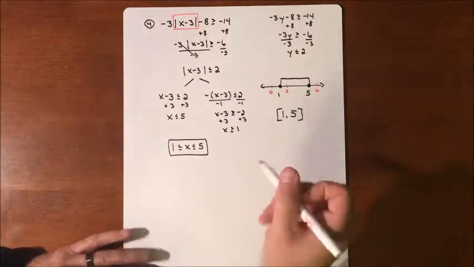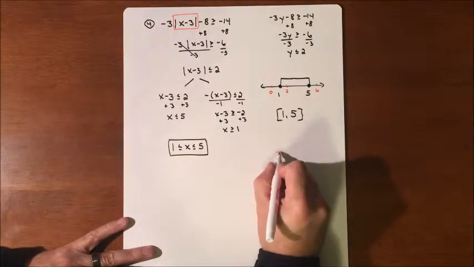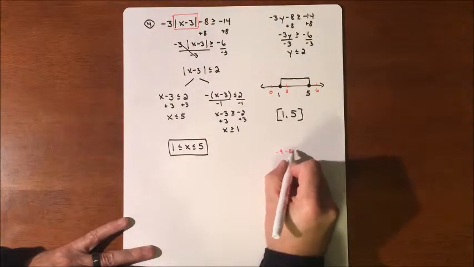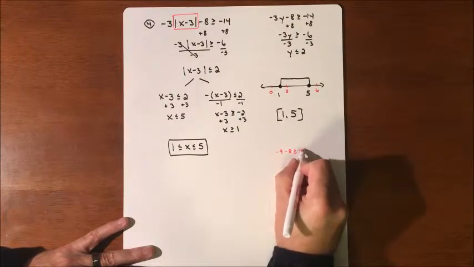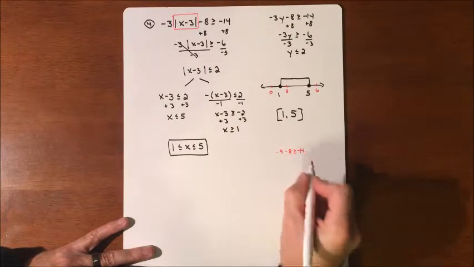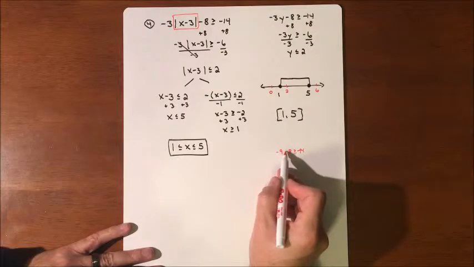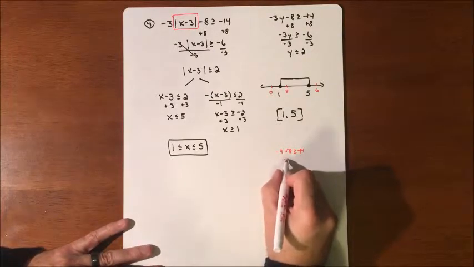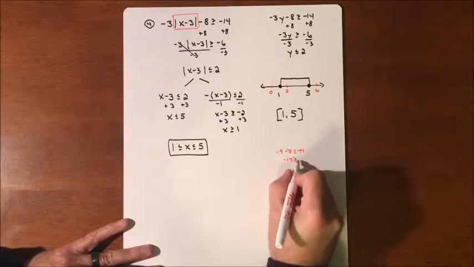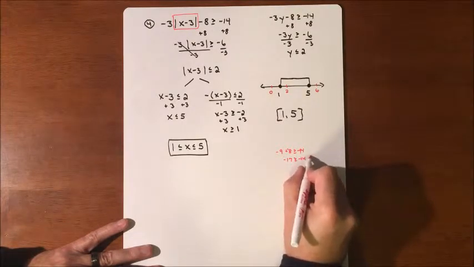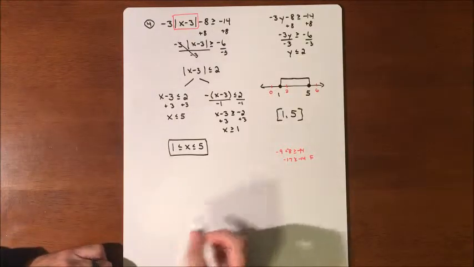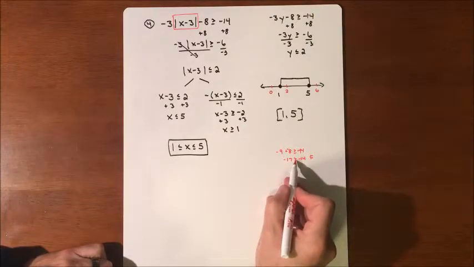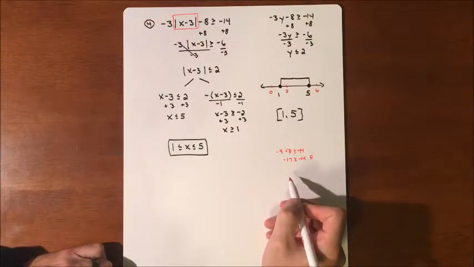Positive 3 times negative 3 would be a negative 9, minus an 8. And this is not supposed to work. So negative 9 minus 8 gets us a negative 17. And that is not true. Negative 17 is not greater than or equal to negative 14, so it doesn't work.